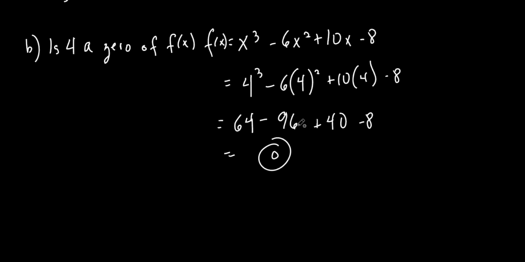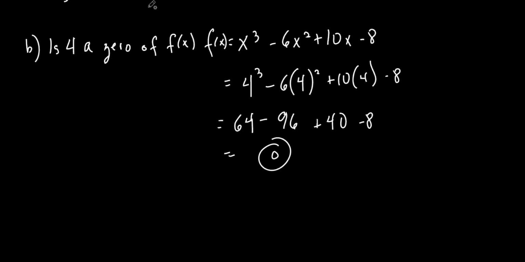So we say that 4 is a 0 of the function, okay? It makes the function equal to 0. So whatever makes that function equal to 0, that's what one of our zeros is, all right? Because they're going to use that phrase quite a bit. So 4 is a 0 of that function.